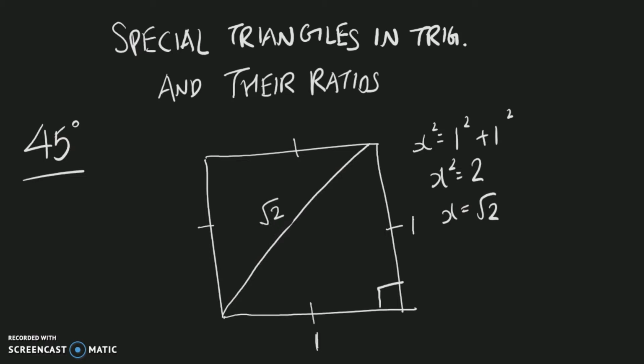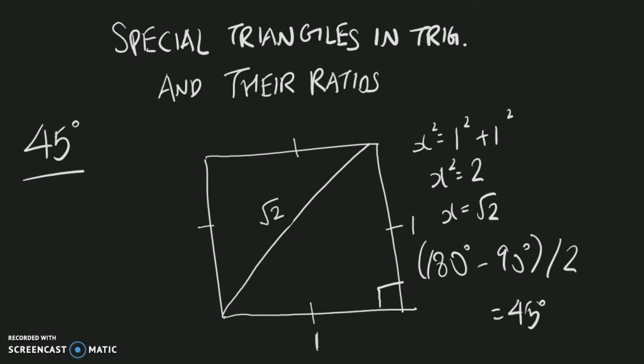So given a square where all the sides are equal, we can get the ratio 1 to 1 to the square root of 2. Since this is a right angle and the total of the angles in a triangle is always 180 degrees, 180 minus 90, divided by 2, gives us 45 degrees.